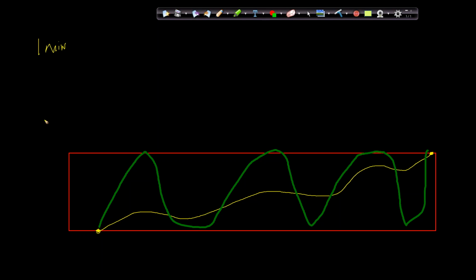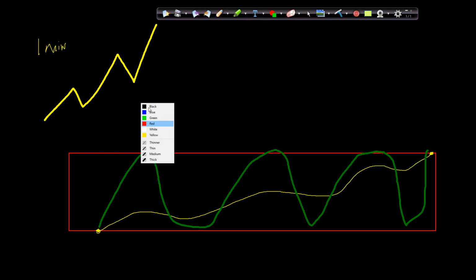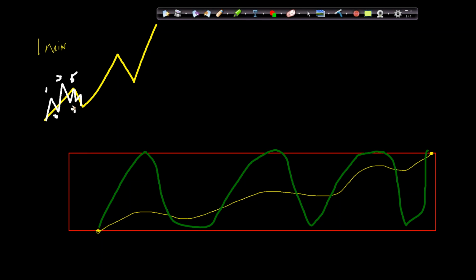What we had in that lower level wave was the 10-minute, and then inside of that we had the 1-minute. And this was a 1, 2, 3, 4, 5, followed by an A, B, C. And what we said was, this is the impulsive move, this is the corrective move.